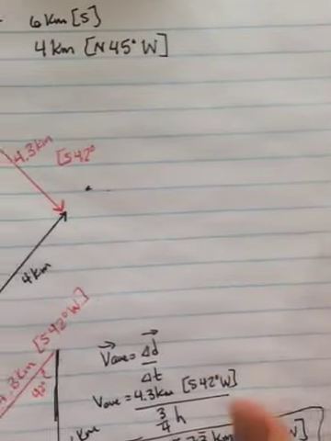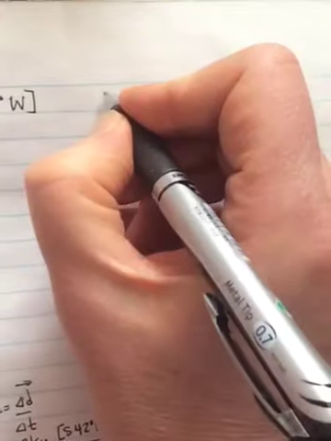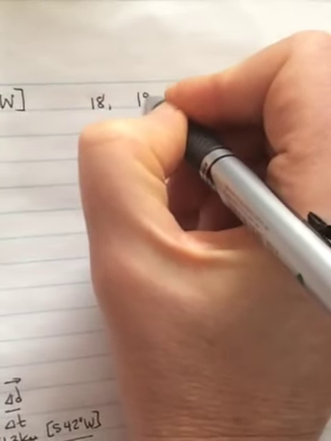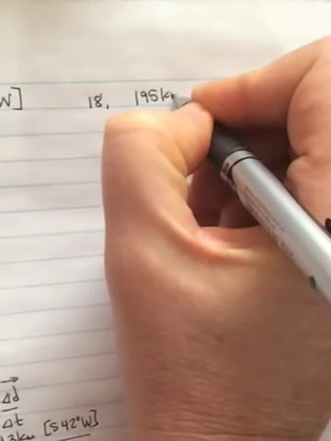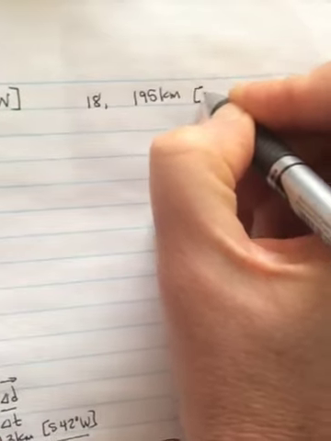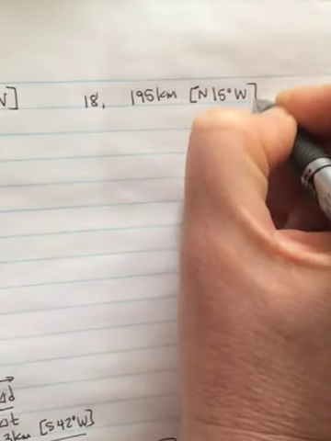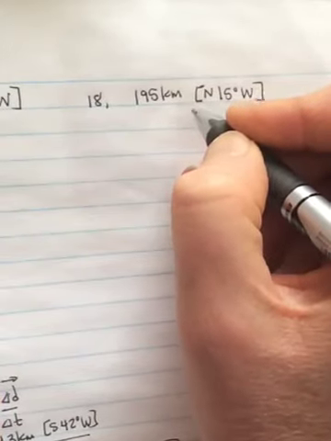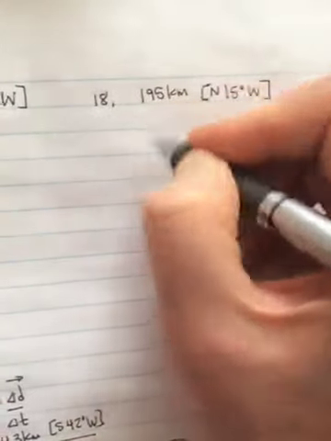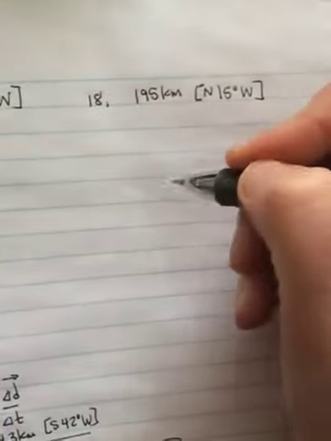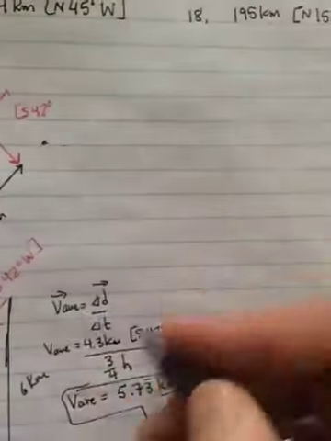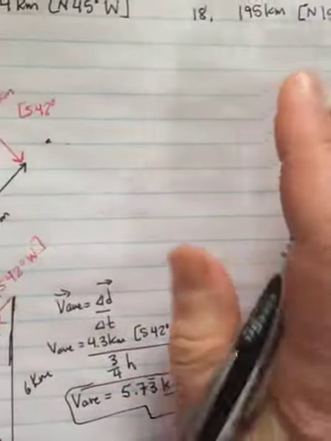Okay, now the next question, question number 18, you're going to do for homework. It says the first one, it flies 195 kilometers west or north 15 degrees west, and then the other, so you're going to do exactly the same thing, and then it asks you to calculate the velocity, so you're going to do this same thing as we did here.